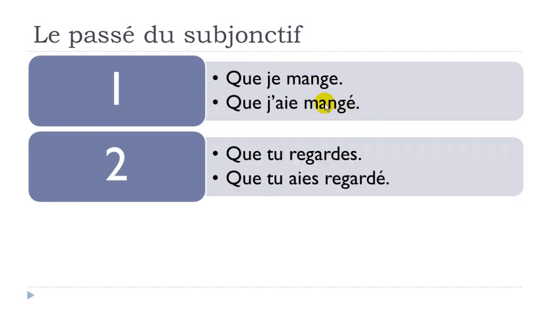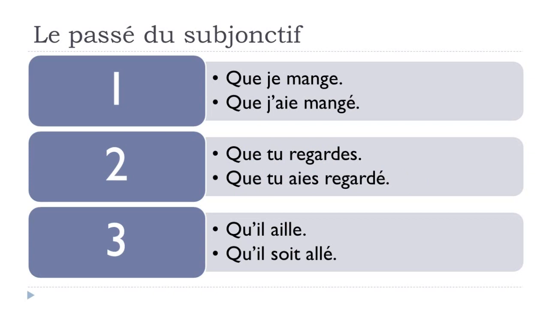Second example, que tu regardes, same thing here, you've got the subjonctif présent, and que tu aies regardé, here you've got the subjonctif passé. And the third example, qu'il aille, so it's the verb aller, to go, and it's the subjonctif présent. Qu'il soit allé, and here we've got as well le subjonctif passé.